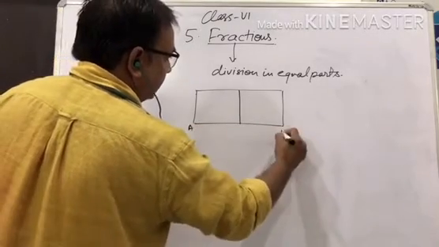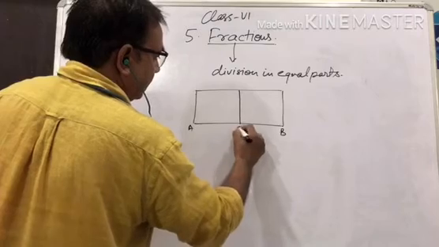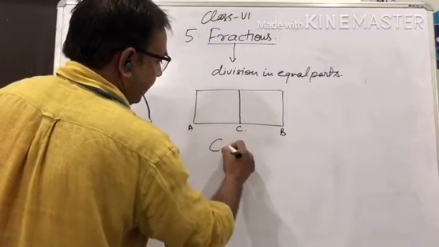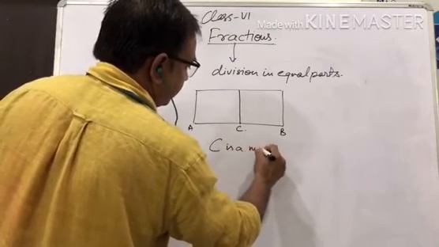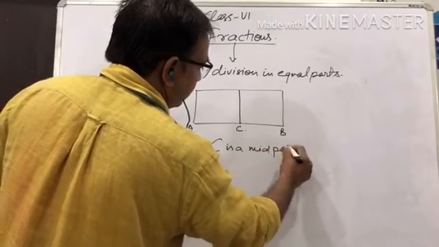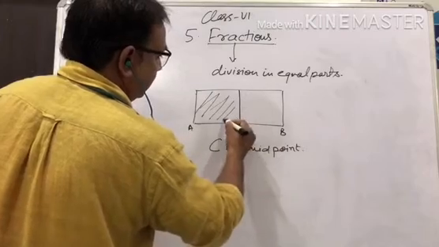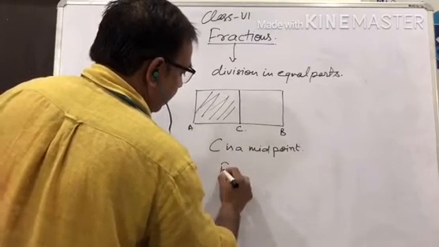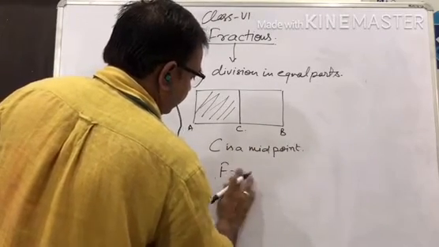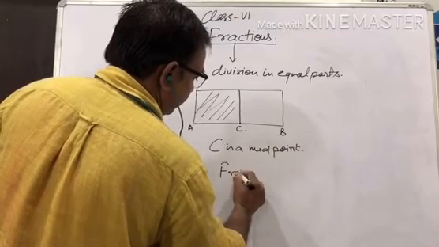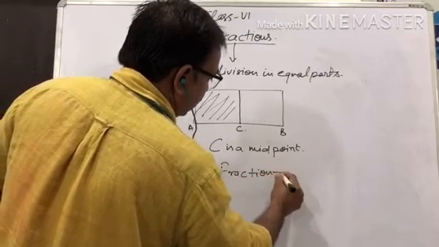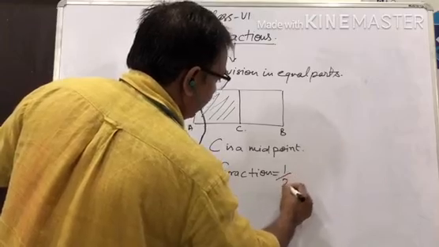Suppose it's A, it's B, and this is C, and if C is a midpoint, then we say that this portion is fraction 1 by 2.